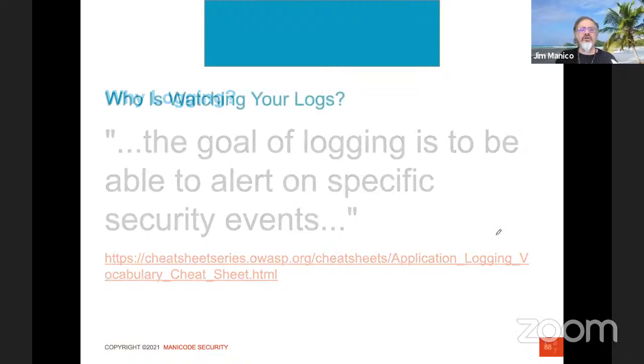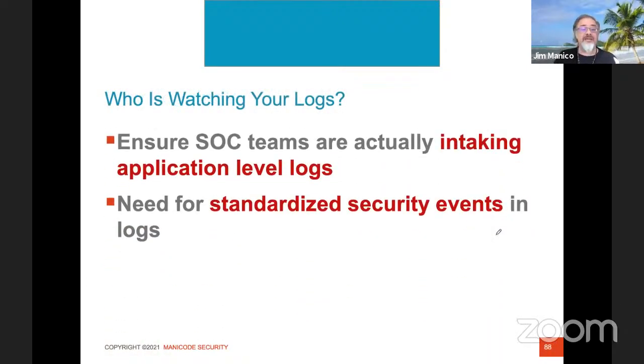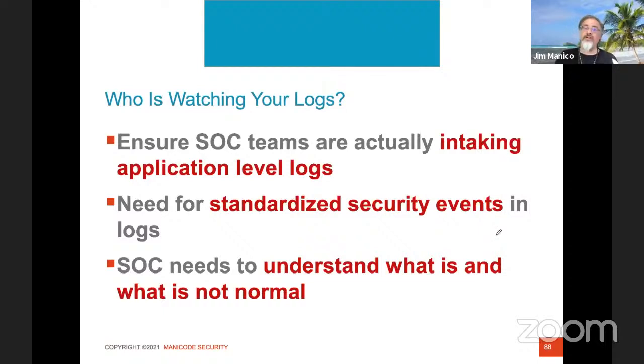This gives us a huge list of events that dev teams should be logging in a real clear fashion. Because the problem is network teams are rarely intaking app logs. They often dump it into Splunk and that's it. And that's garbage, right? We need standardized security events that developers log.